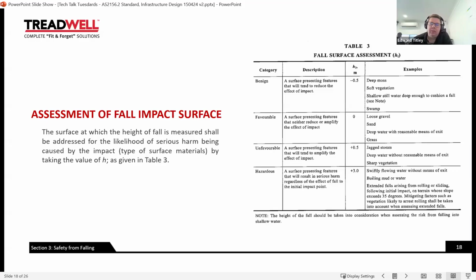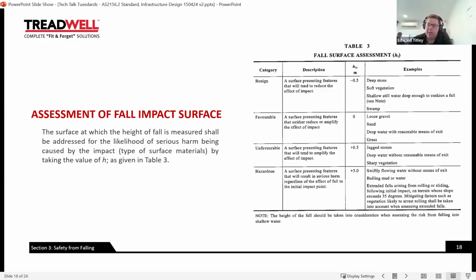Assessment of fall impact surface. This table here, table 3, helps us to make an assessment of the risk or the impact of a fall. So we've got our categories here: benign, favourable, unfavourable, and hazardous. Brief description, and then taking this value here of H. We've got a variety of examples here: deep moss, soft vegetation, so on as benign.